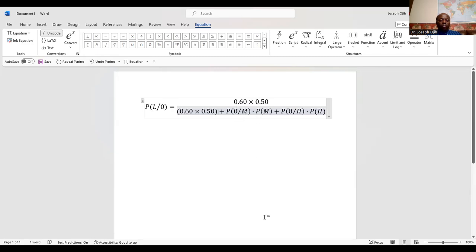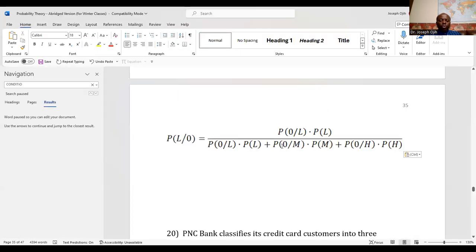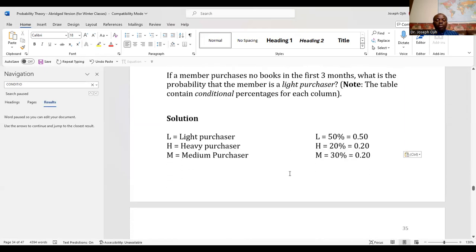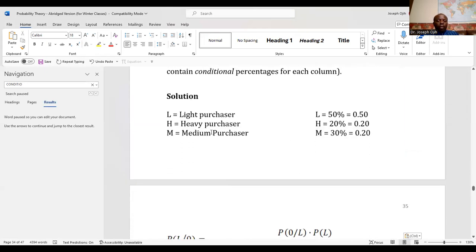I'm going to show you on the other workbook. We got here: bought no book, given that it's a medium purchaser. See? No book was bought, given that it's a medium purchaser. That means 0.15. Times the probability of medium purchaser, which is 0.20.